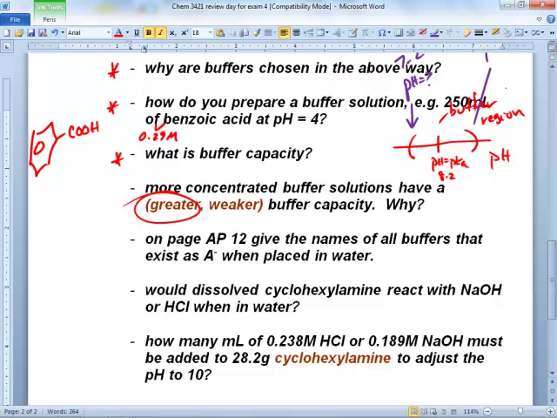Hopefully you're on. You're going to give me the names of all the buffers that exist as A- when put in water. AP12. Let's see if she does first, then we'll ask.